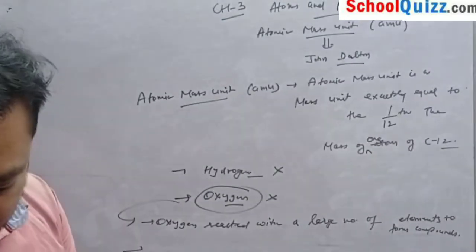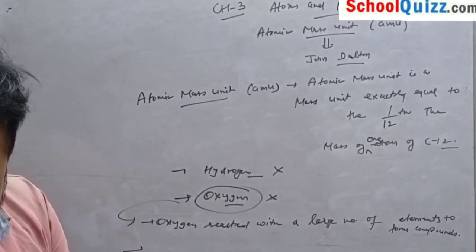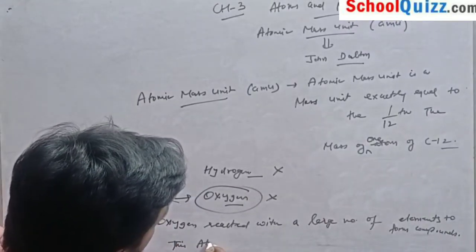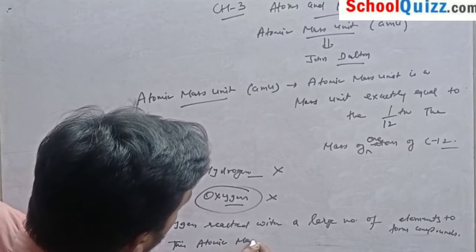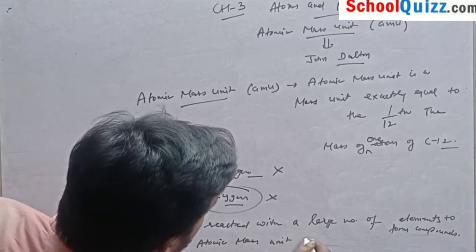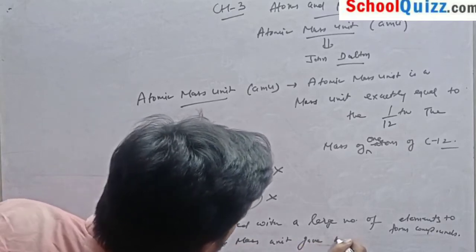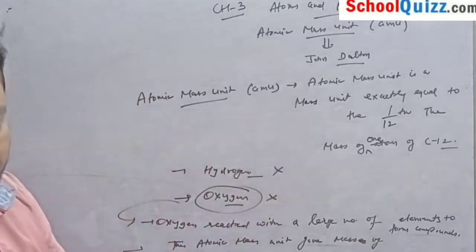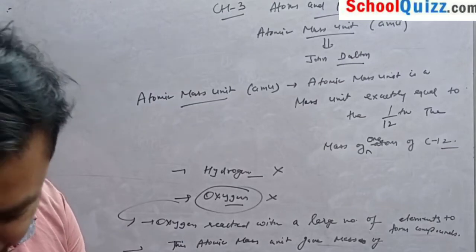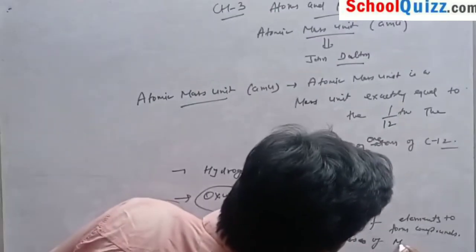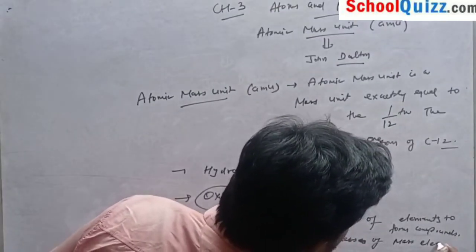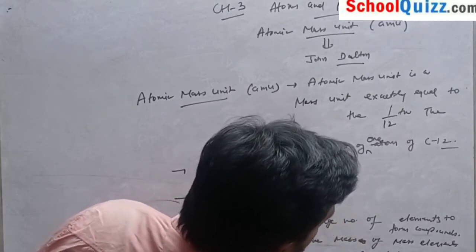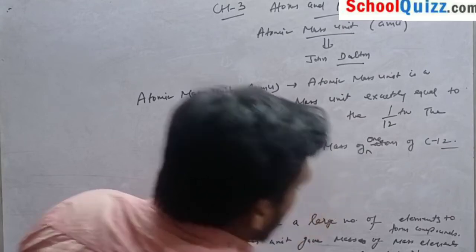The second one was that this atomic mass unit gave masses of most elements as whole numbers.